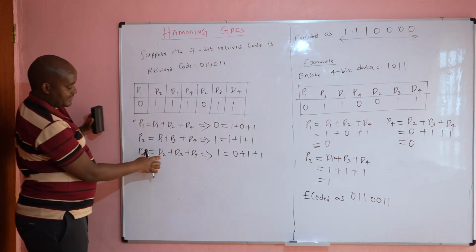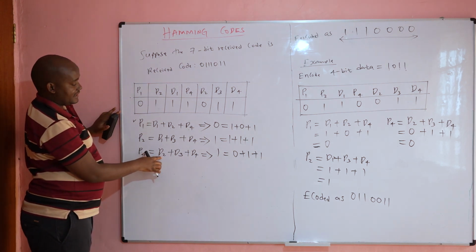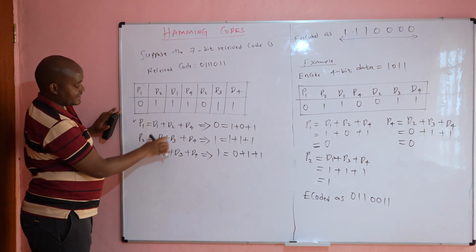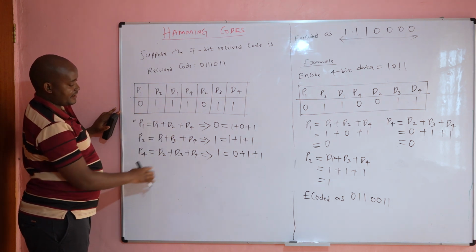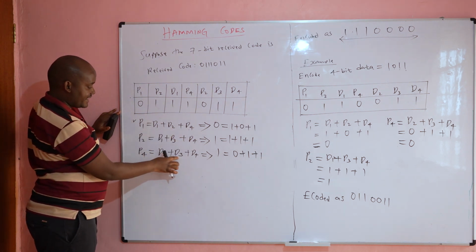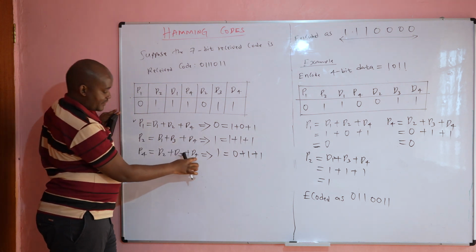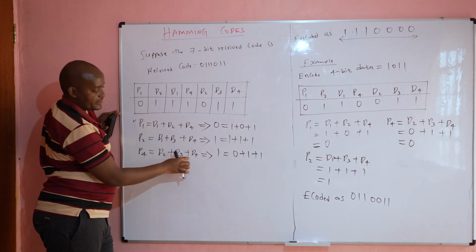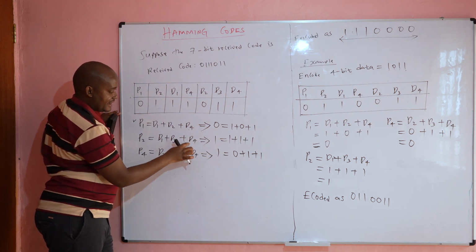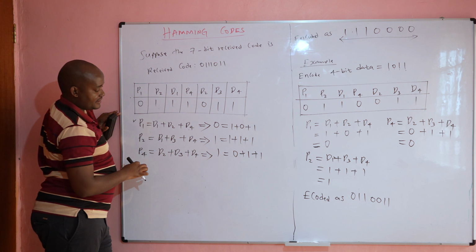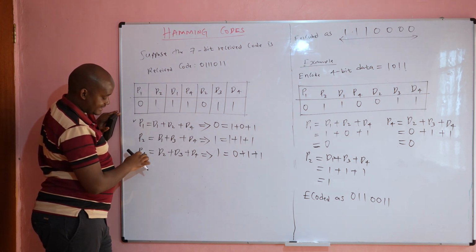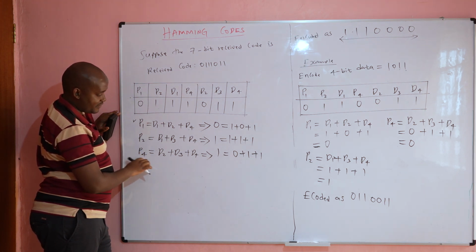Because now if it is D2 that has an error, there is no way it is having an error here and it never had an error here. If it is D3, there is no way it will be having an error here and it was correct here. If it is D4, there is no way it will have an error here and it was correct here. So meaning that the only thing that has a problem is this parity bit 4.